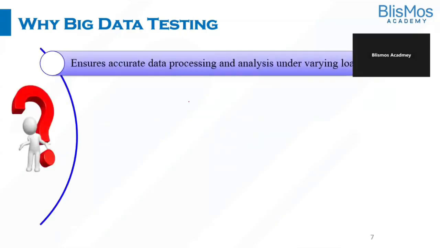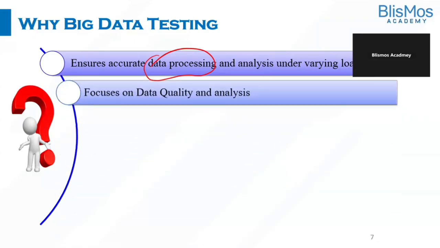Okay, we understood what big data testing is, but why do we really need it? Big data testing ensures the accuracy of data processing and analysis under varying loads, like data from 1 GB till 1 petabyte. Whatever the load of the data, it ensures the data is accurate.